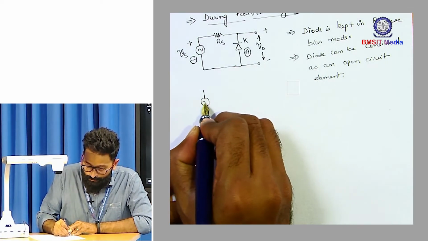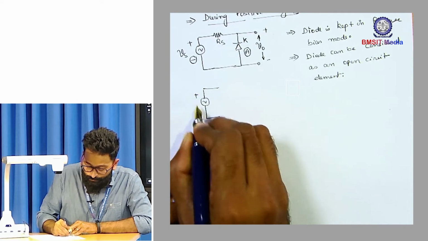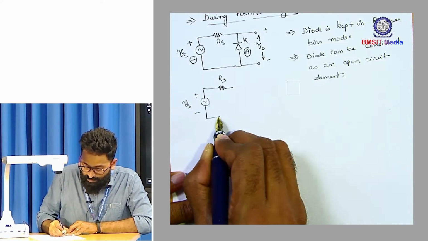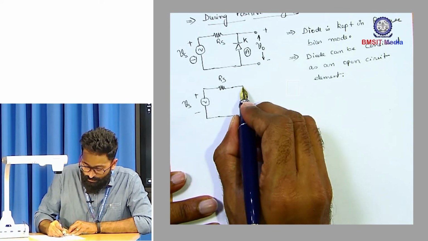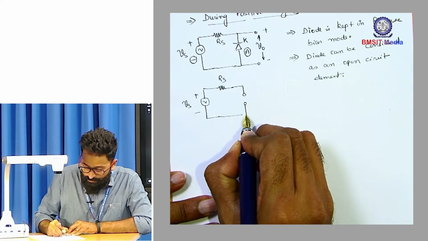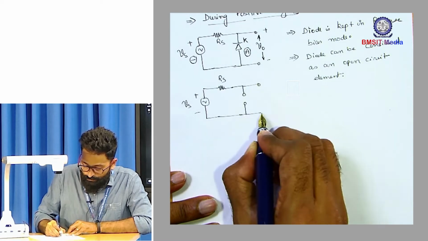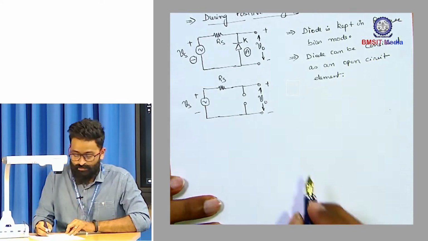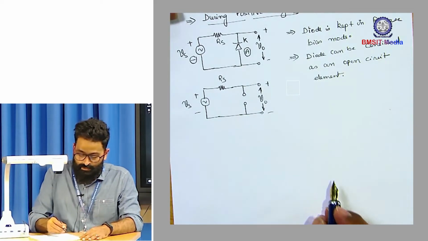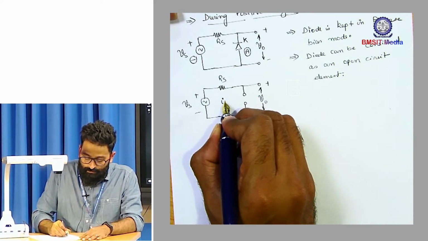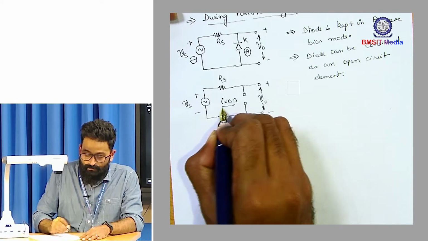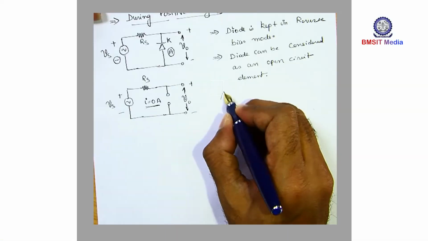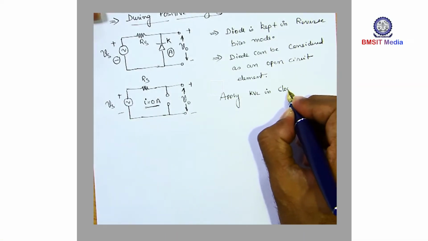So let's do that. Source, limiting resistor. So we'll open the diode terminals. Okay, so this is your equivalent circuit, right? So diode is open circuited, hence current flow in the circuit is 0 amperes. So apply KVL in clockwise direction.